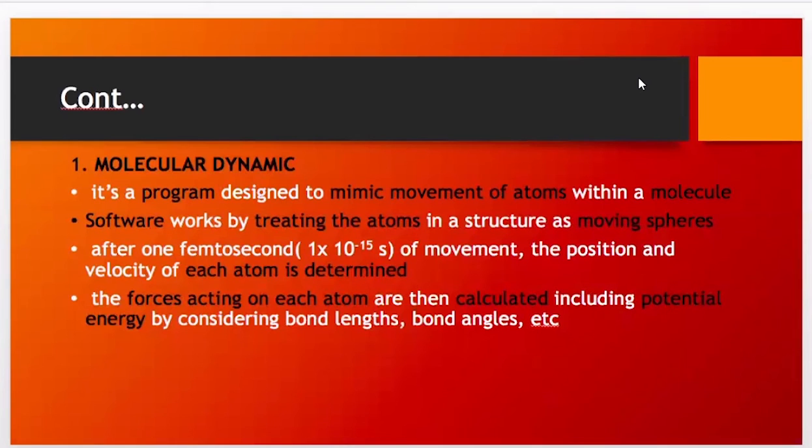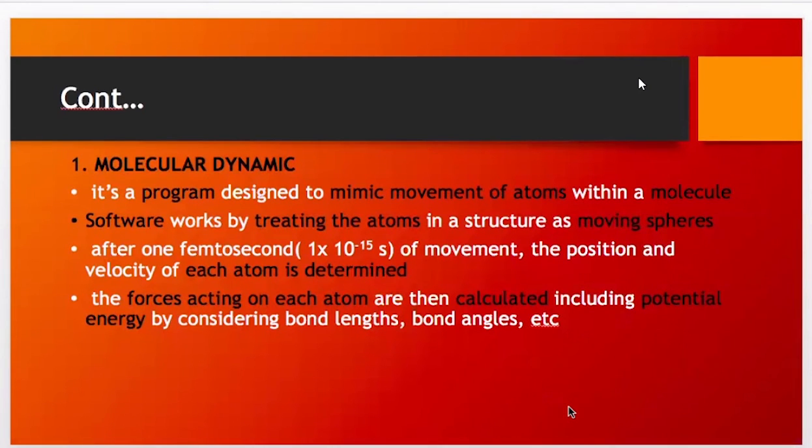Because of that, this program visualizes the structure as moving spheres, like circles. It views these atoms as circles that are moving.